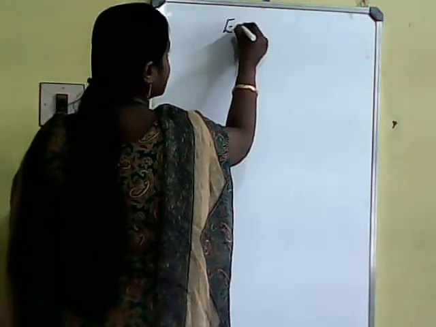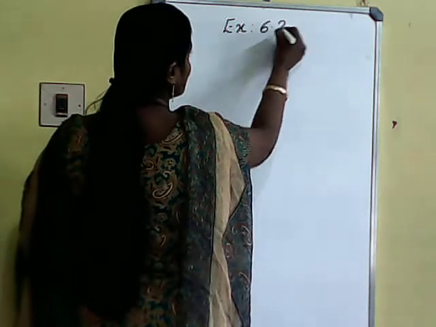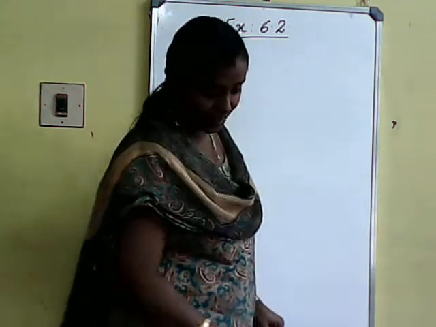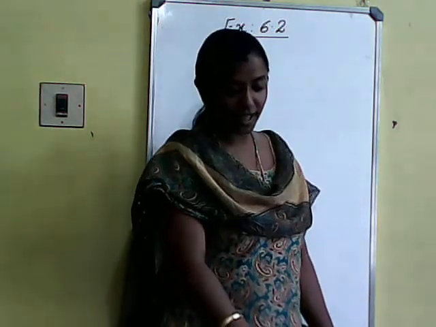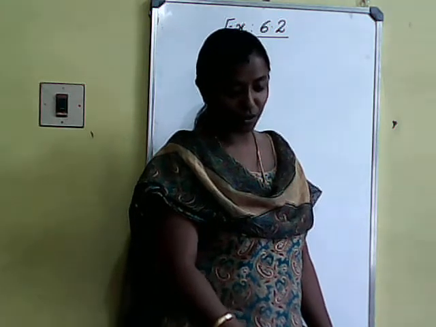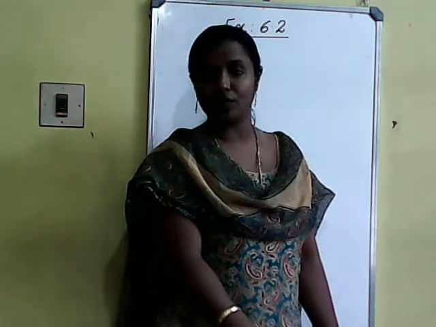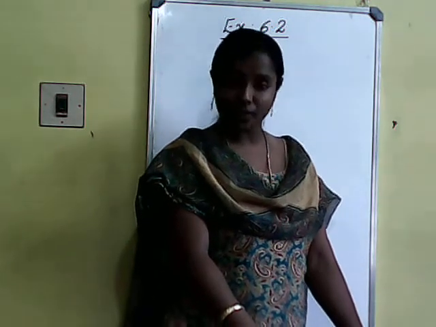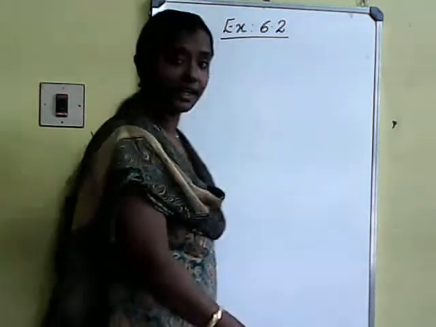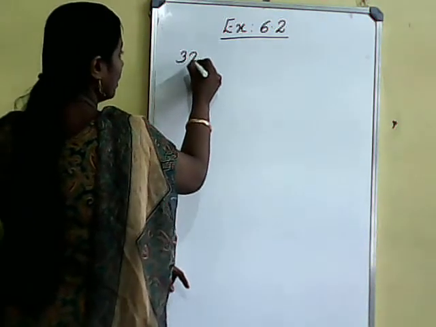What is exercise 6.2? First one, what is it? Find the square of the following numbers. 32. Okay.